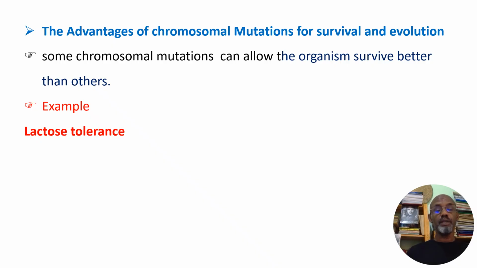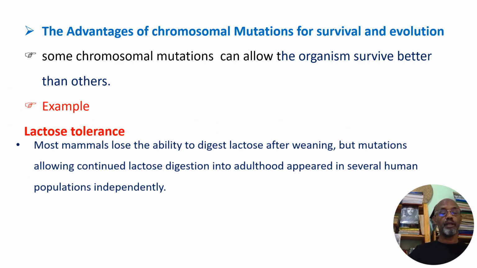You see, this is one typical mutation that our genes that work on lactose have changed in adulthood, so that we can use this milk throughout our age, not only during babyhood.